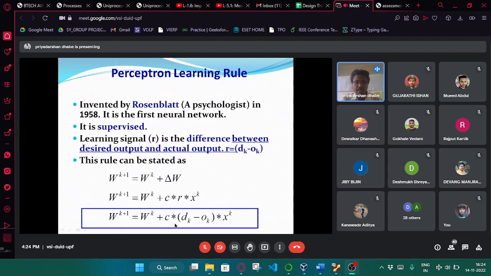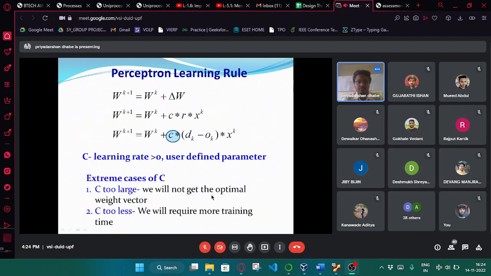Then we get an n-dimensional vector as the second term, and that is added to the old weight vector to produce the new weight vector W of k plus 1. In this way, the perceptron learning rule progresses. C should not be too large or too small.